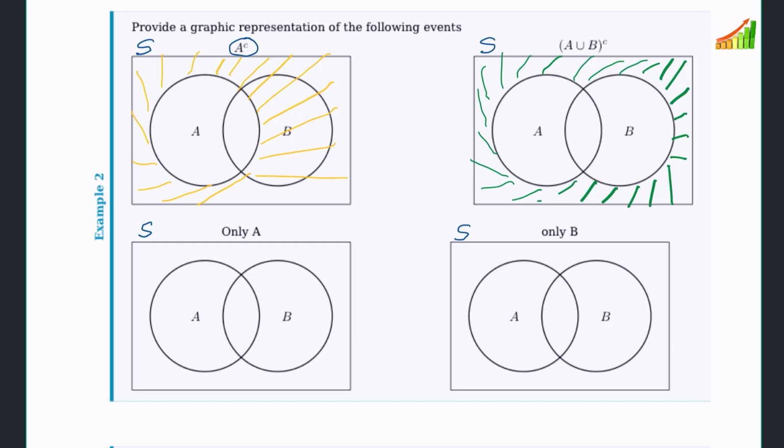Only A is this part: the circle A, but not the area with B, right? Not the common region. That is only A. Then you understand how to show only B. This is the area that represents only B.